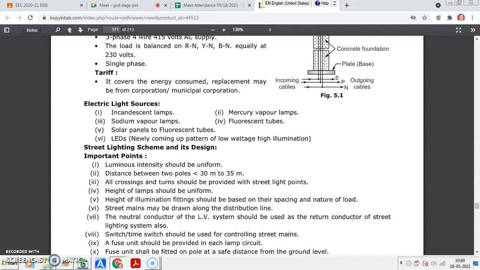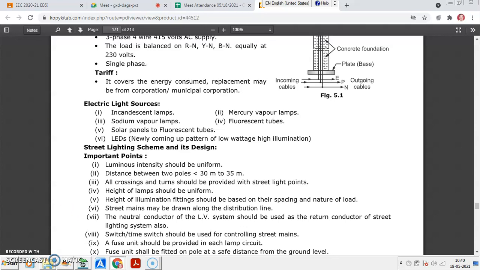Then you must have a switch, which should be used for controlling these fixtures. You must have grouping of some number of lights, and you may have a switch provided over there. You must have a switch and fuse unit also. It is to be provided for protection of the lamp circuit.